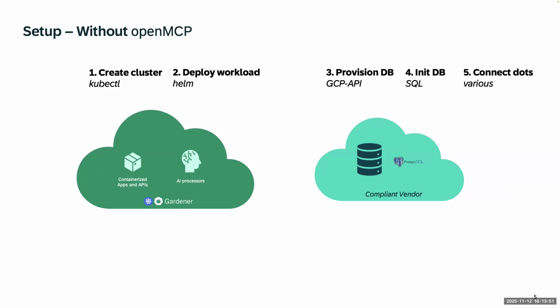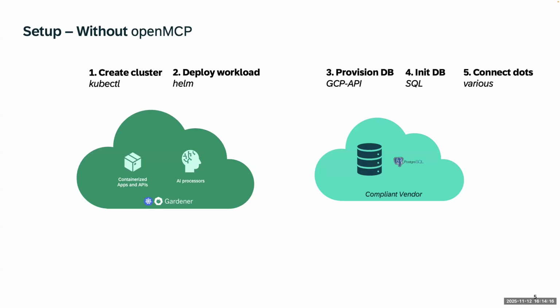Then we would need the persistency layer, and we would provision a database via the GCP API or CLI, or maybe even via ClickOps, going into the web console of GCP and doing that there. Then, after this is done, we need the SQL CLI in order to initialize the structure and maybe the content of the database itself.